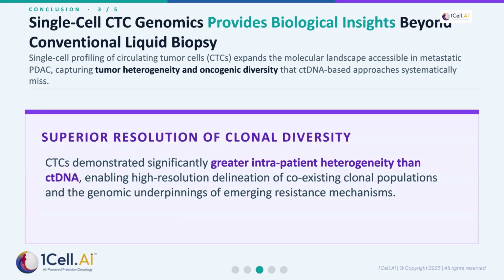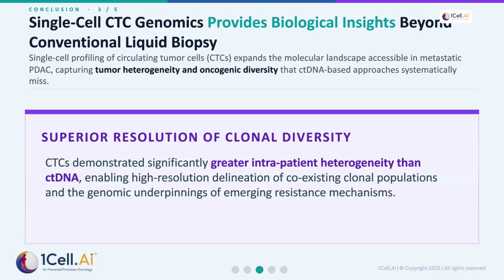So CTCs demonstrate significantly greater intra-patient heterogeneity than ctDNA. And I showed this to you several slides back, but it appears that each patient has multiple different clones that may vary from each other.